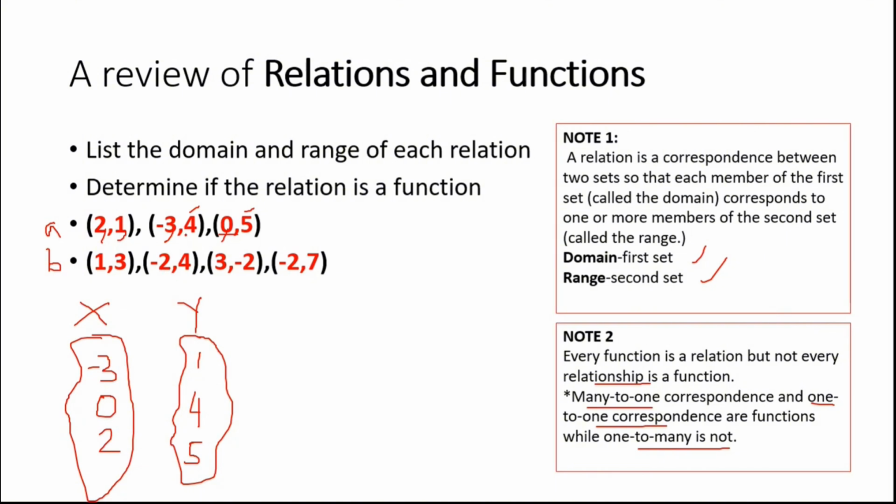Negative 3 pairs with 4, and 0 corresponds to, sorry, 5, and 2 corresponds to 1. So negative 3 and 4, then 0 and 5, and 2 and 1.